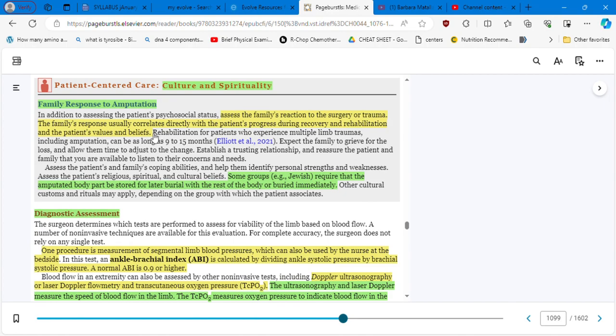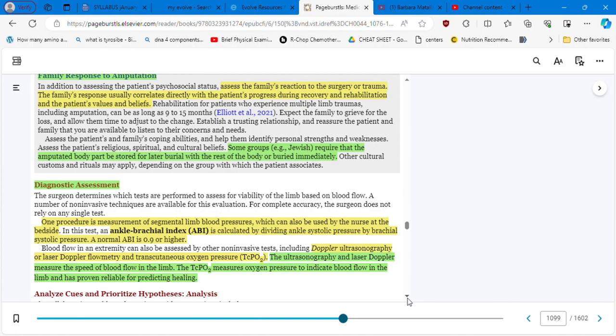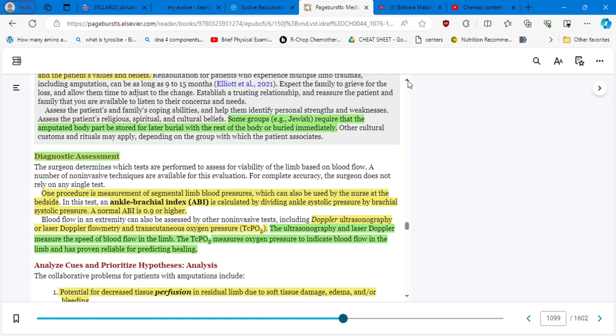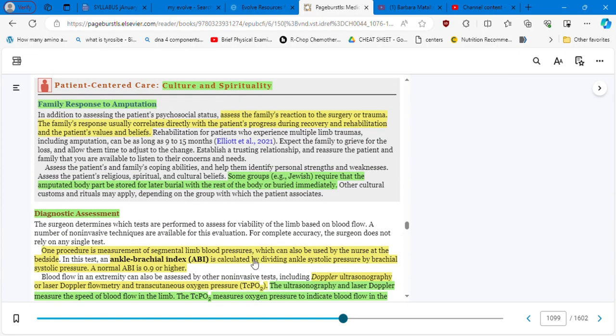Okay, that's why it's very important to assess the family, the surrounding of the patient. Some groups, Jewish, require that the amputated body part be stored for later burial with the rest of the body or buried immediately. And that's also interesting to know, to be familiarized with all these cultural practices.